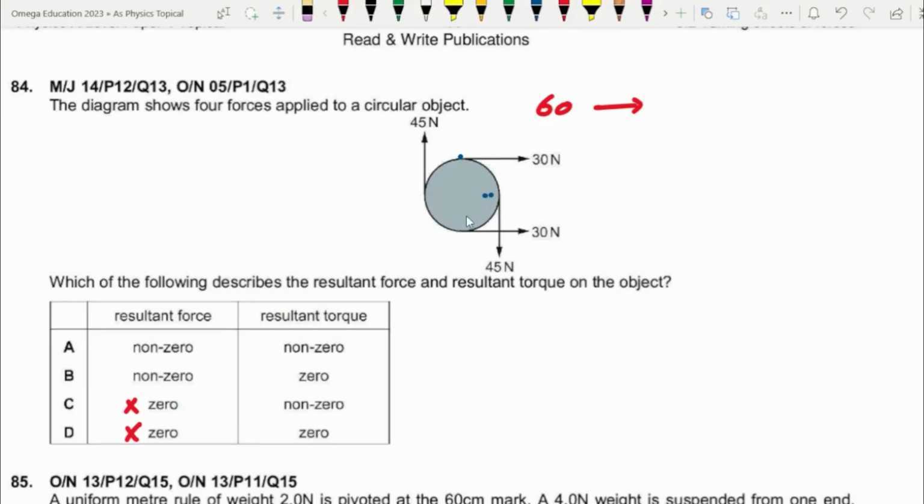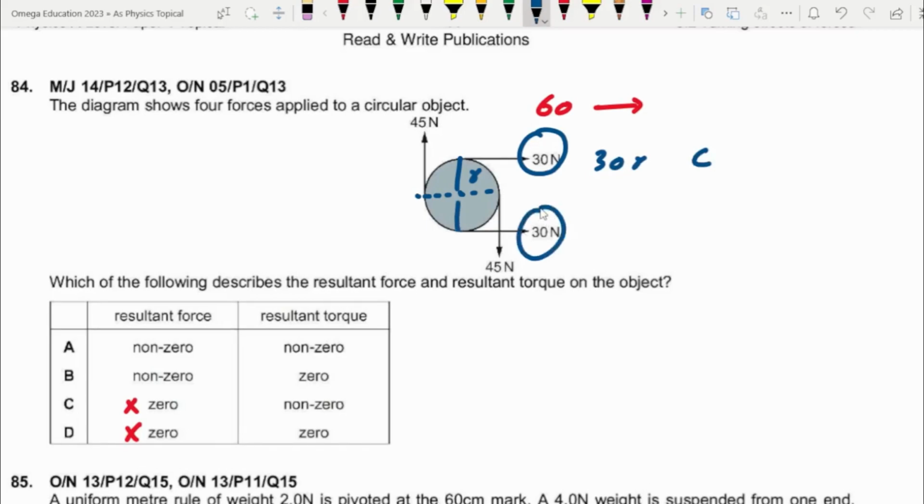The resultant torque by these two forces would be 0, because let's say this is your pivot now. The moment of this force would be 30 times the perpendicular distance, let's call it r, the radius. So it would be 30 r clockwise.